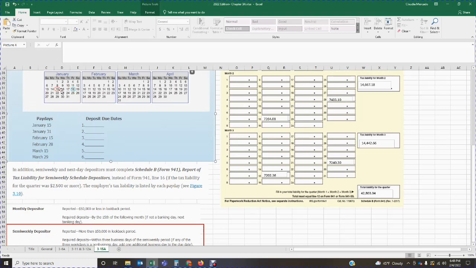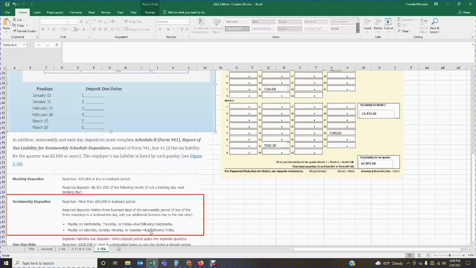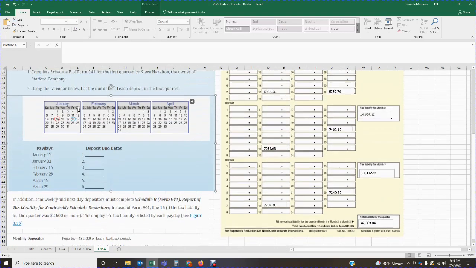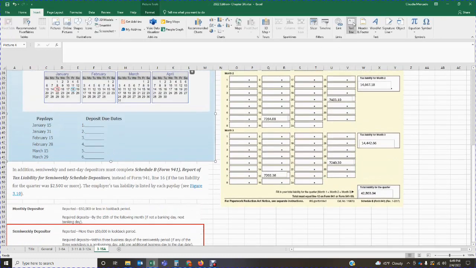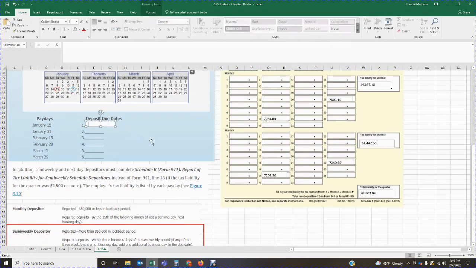And it says here that it's due on the following Friday, so it's due on the 18th. That's within 3 business days. So for that first one, if the payday is on January the 15th, the deposit is due on January the 18th.